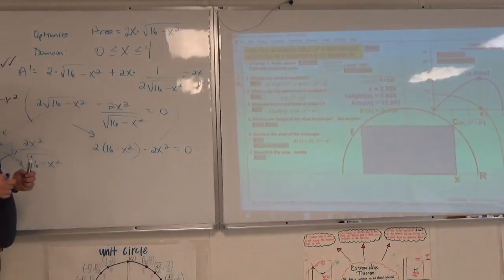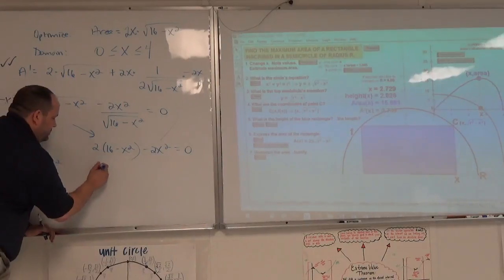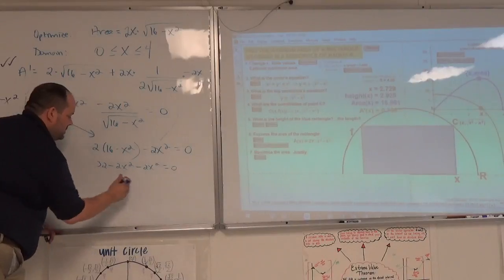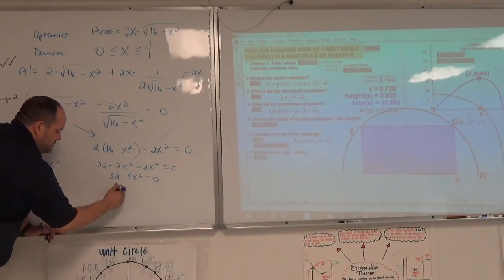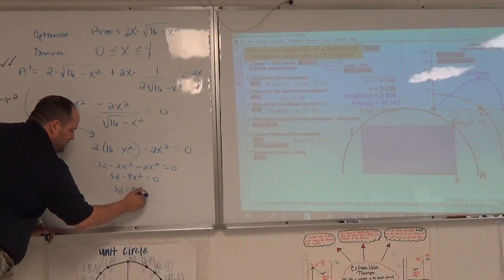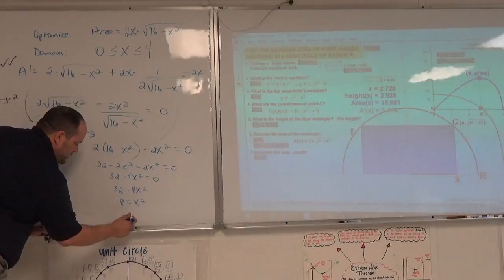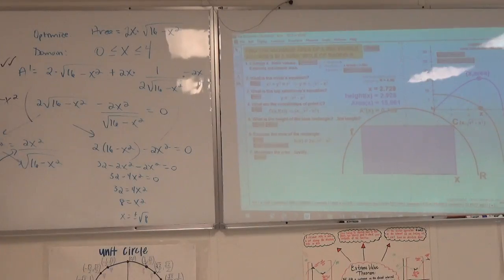Being a fraction killer is a good thing. Distribute, so now you've got 32 minus 2x squared minus 2x squared is equal to 0. Combine like terms: 32 is equal to 4x squared. So x squared is 8, and x is plus or minus the square root of 8.